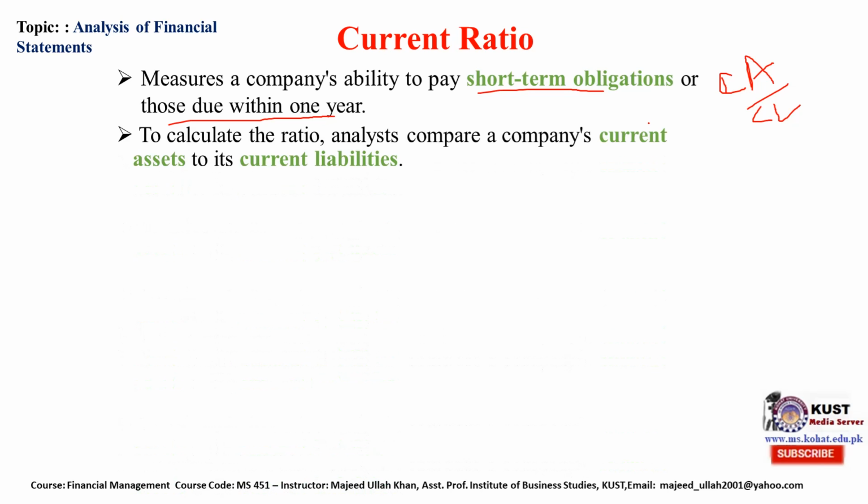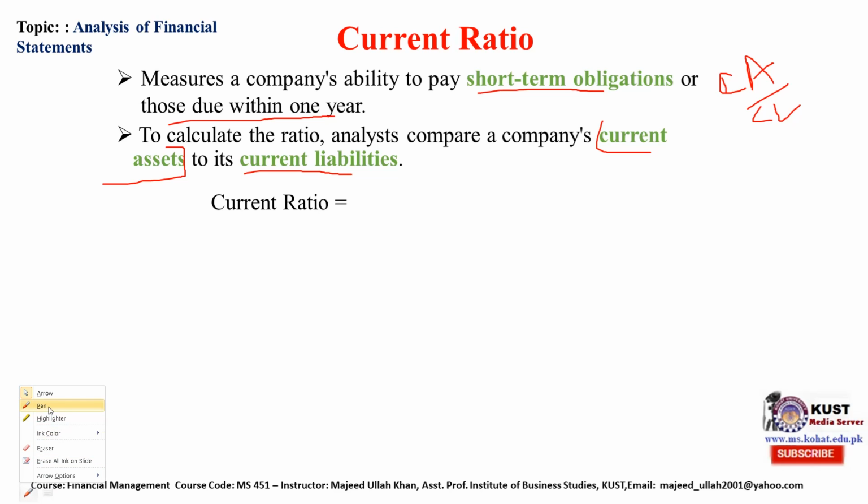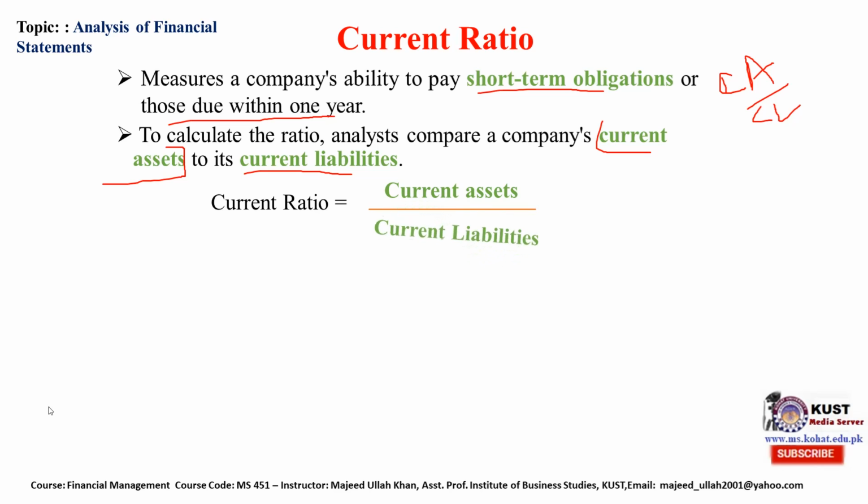To calculate the ratio, the analyst compares the company's current assets to its current liabilities. The formula for the current ratio is current assets divided by current liabilities.